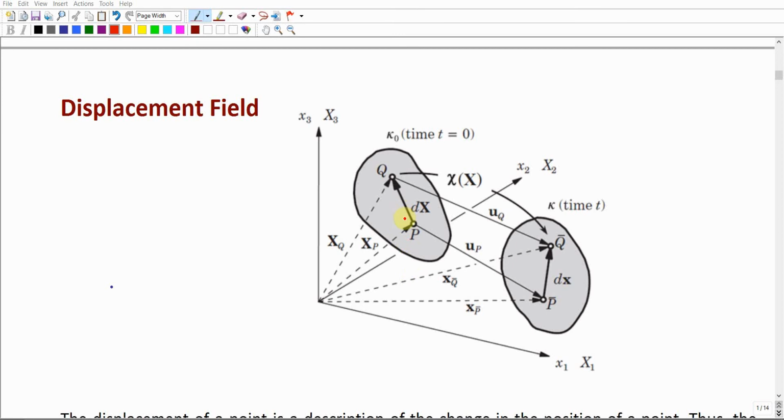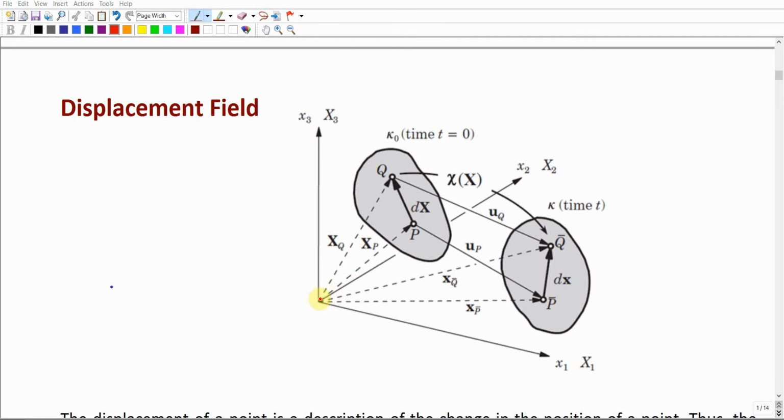And XQ and XP, these are the position vectors. This is the position vector for point Q. This is the position vector of point P. And dx should be the displacement or the distance between these 2 points, or the position vector of point Q with respect to P. It is very similar to what you studied before in the dynamics class, or even the kinematics of machinery course.